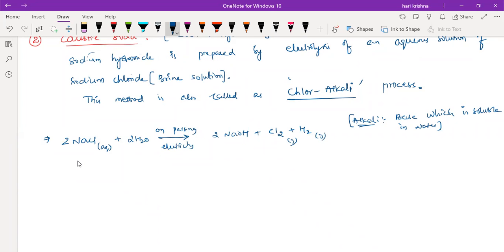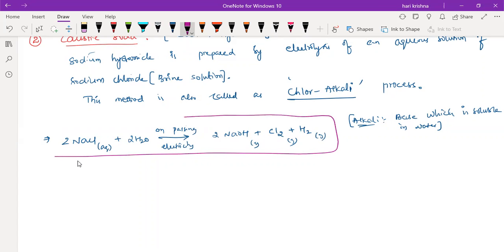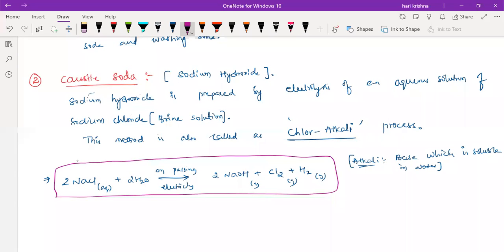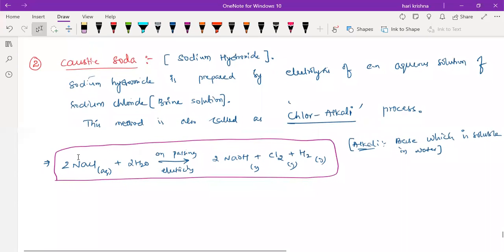Clear? This is the equation part for the preparation of caustic soda or sodium hydroxide. Is it clear or not?